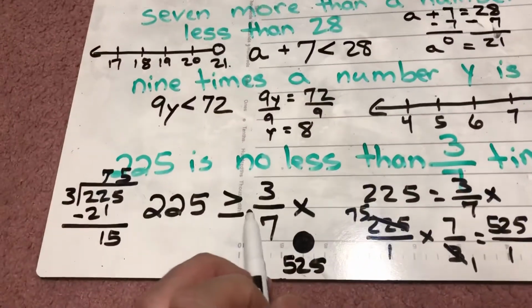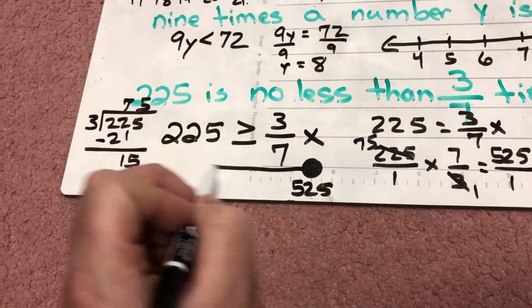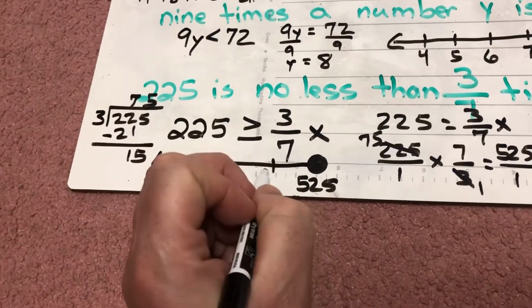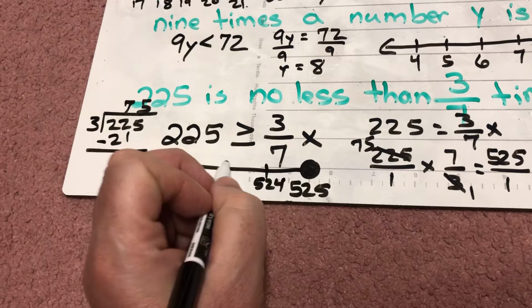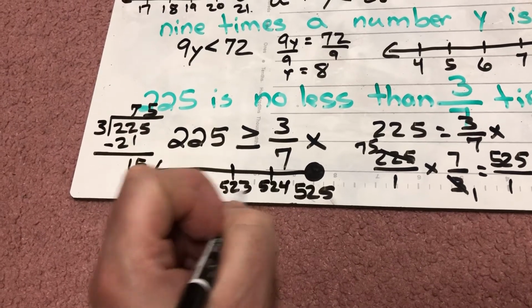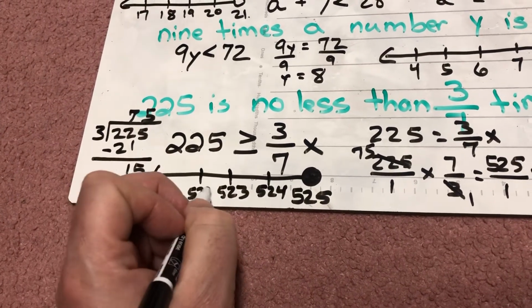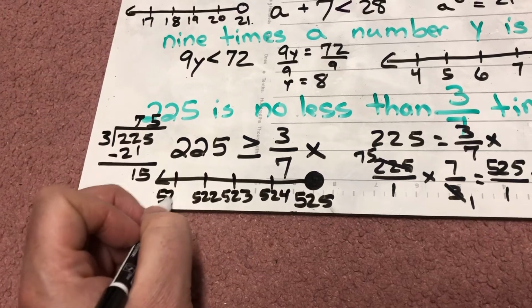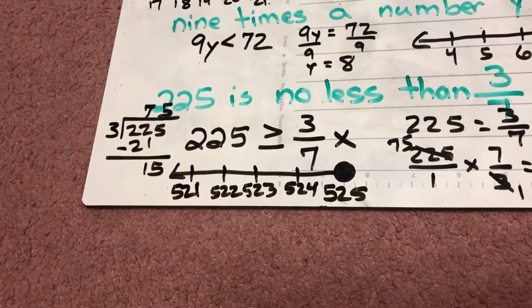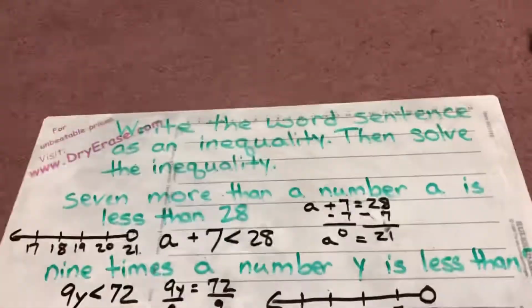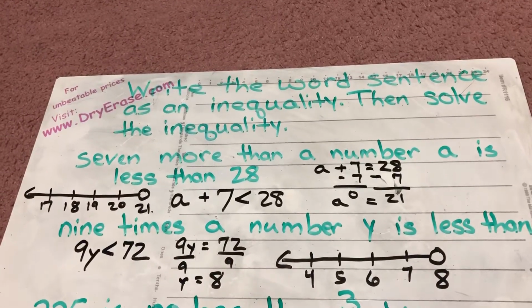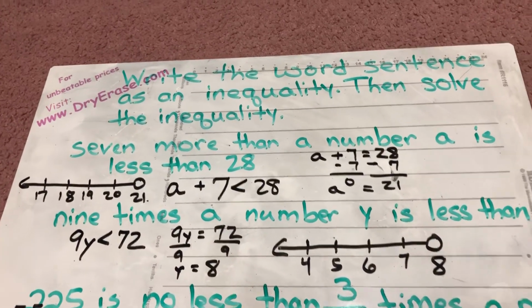And since it's on the smaller side of the inequality, it's going to move left: 524, 523, 522, 521. All right, that's writing the word sentence as an inequality, then solving the inequality.